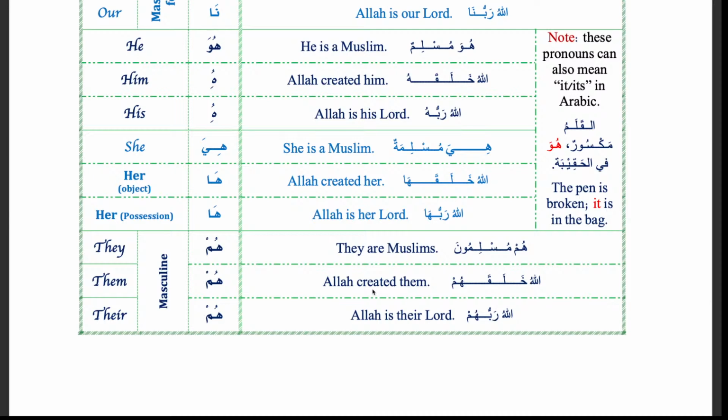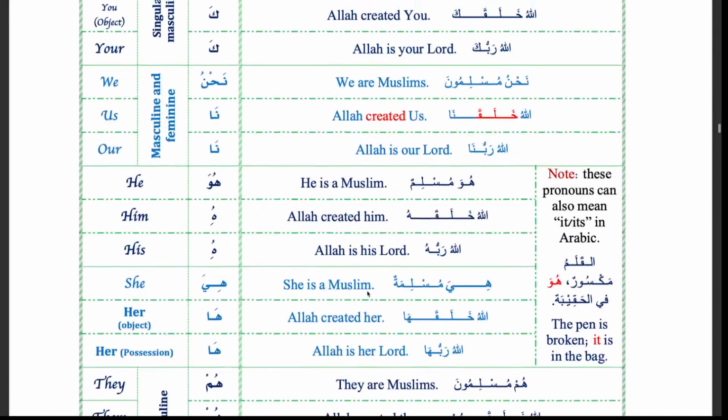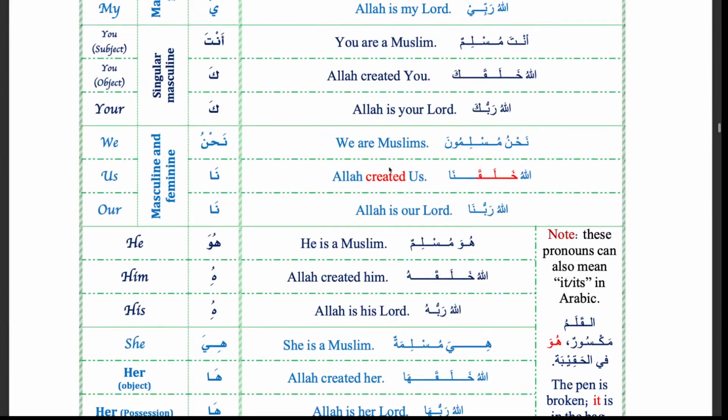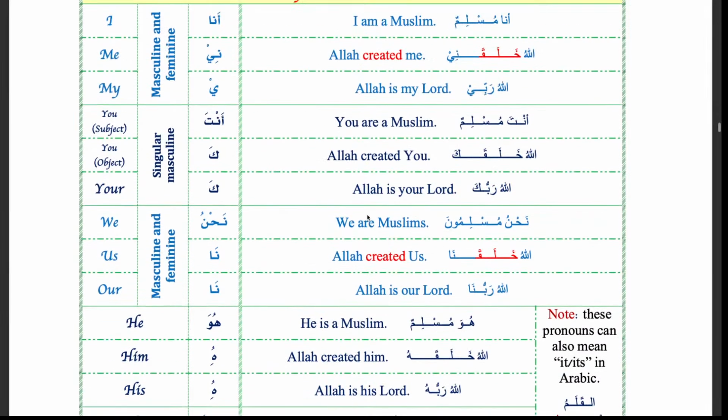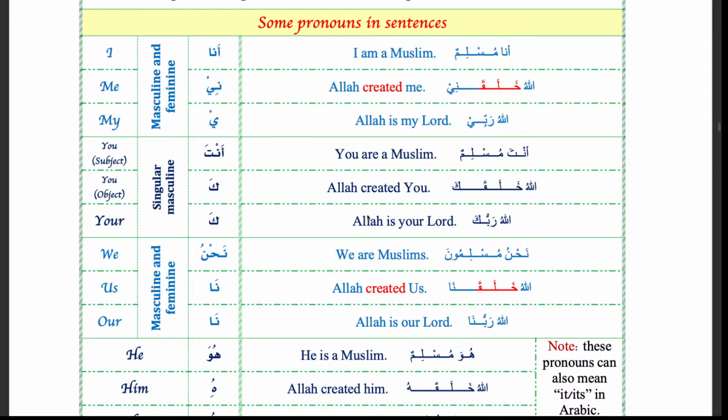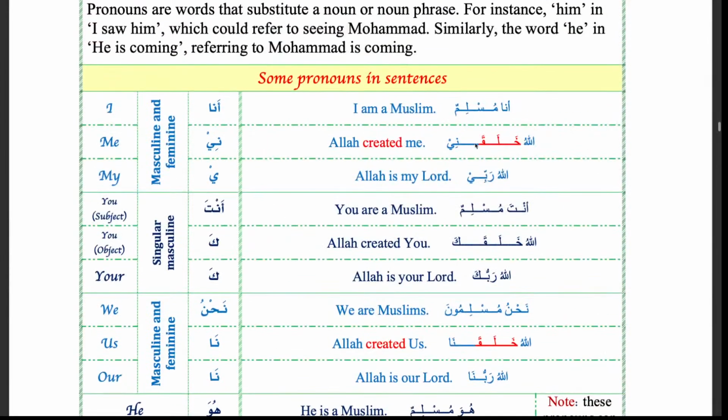So what you got to do as a template, memorize the entire table, just this part of the table, just this one, just the example. Ana Muslim, I am a Muslim. Allahu khalaqani, Allah created me. Allahu Rabbi, Allah is my Lord. Right? So that's a template you're going to use.